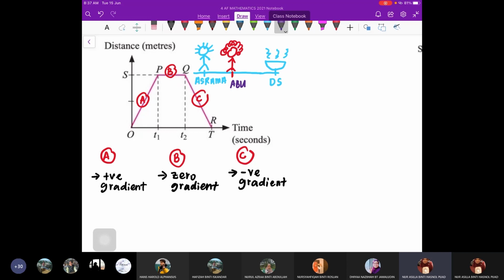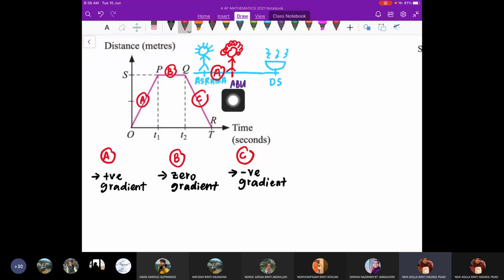Okay, ada dijumpa Abu. Daripada asrama pergi ke Abu. So, ini adalah keadaan A. Maksudnya jarak dia menaik dan masa dia berhenti, masa dia menaik jugalah. Okay, bila dia berborak dengan Abu, kalau kamu tengok keadaan B, distance dia tidak berubah tetapi masa dia bertambah.